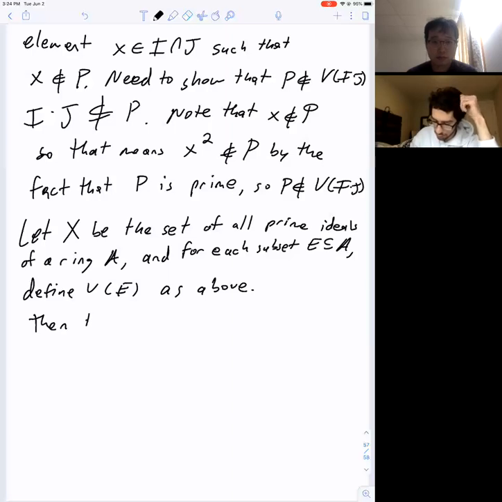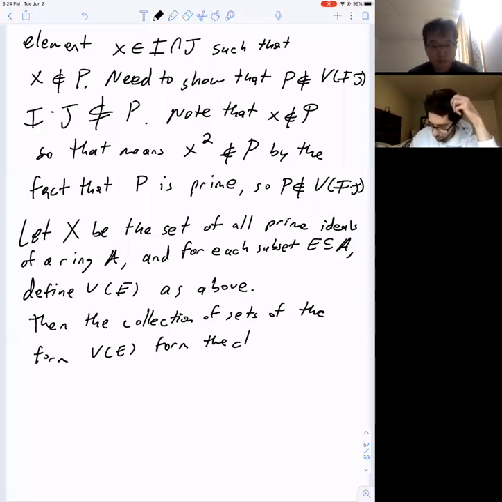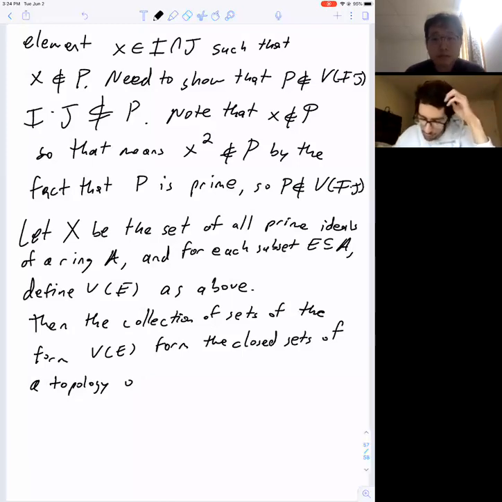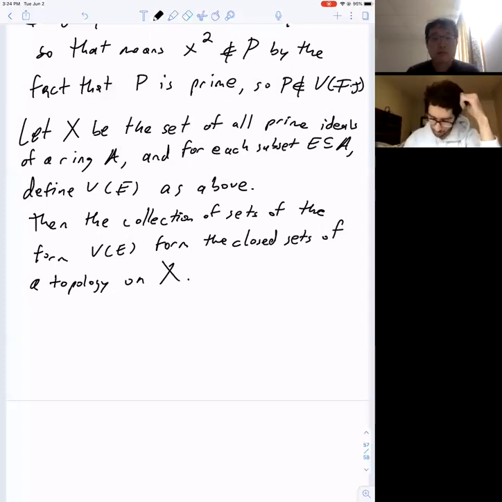Then the collection of sets of the form V of E form the closed sets of a topology on X. So X is the set of all prime ideals of a ring A, and these sets of the form V of E are the closed sets of some topology. That topology is going to be called the Zariski topology.